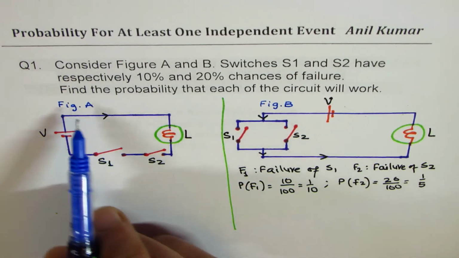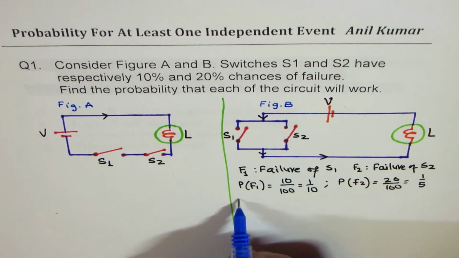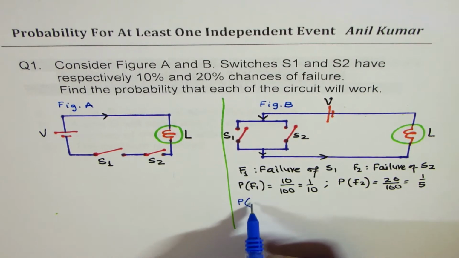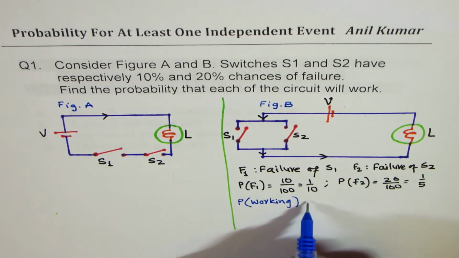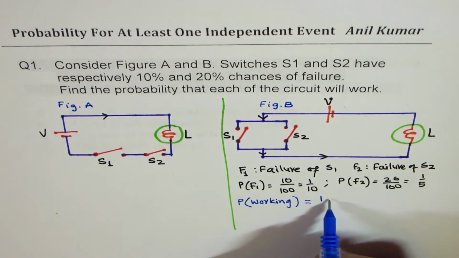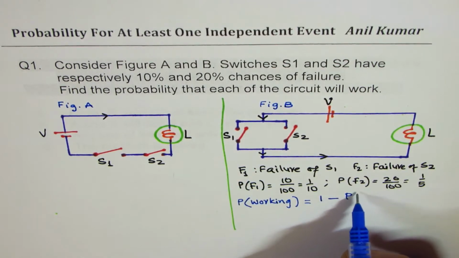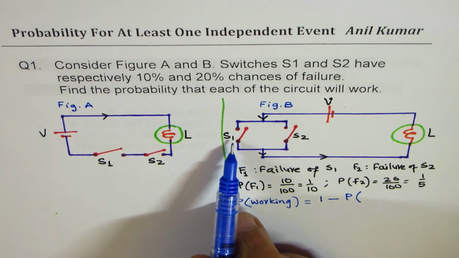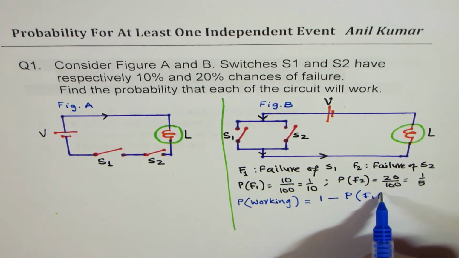So when we say the probability that each circuit will work, the probability of working is 1 minus both fail. Do you understand? 1 minus both fail. That means 1 minus the probability of F1 and F2 both happening together.